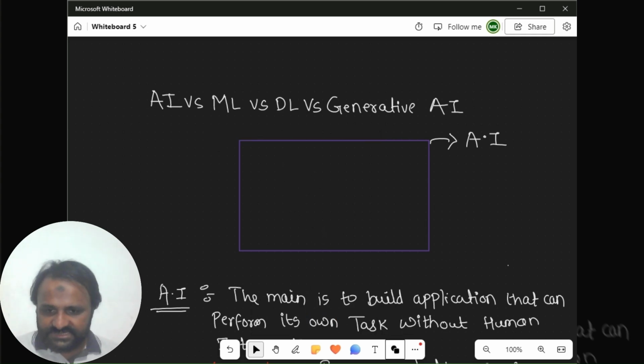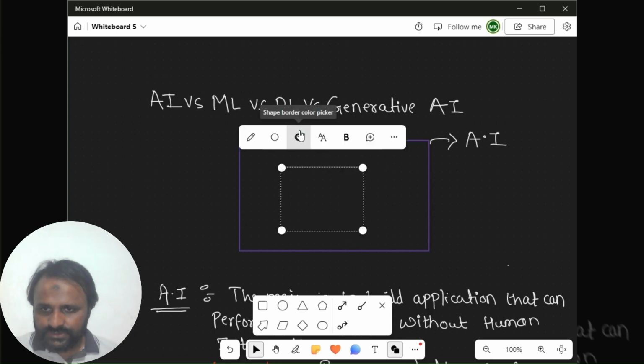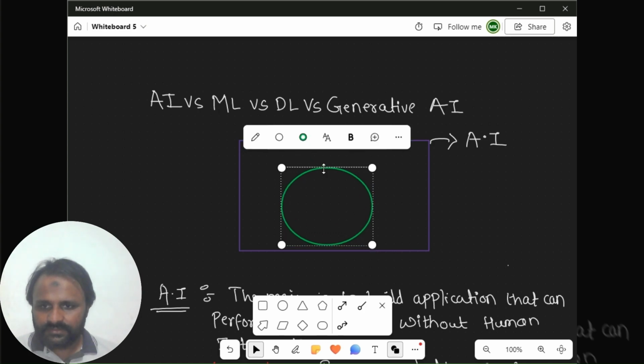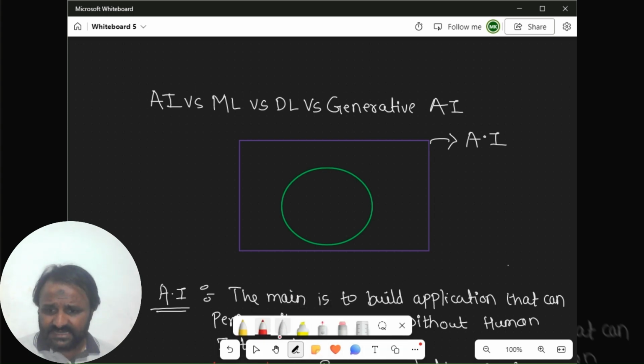I can try with this different shape, so an oval shape is there. I can give this the name ML, or you can directly name it machine learning.